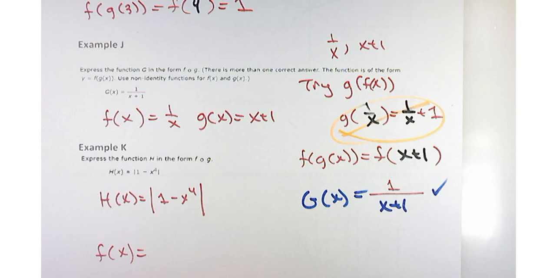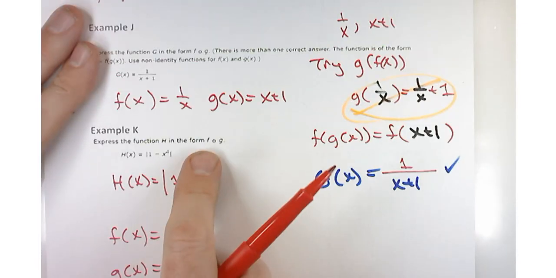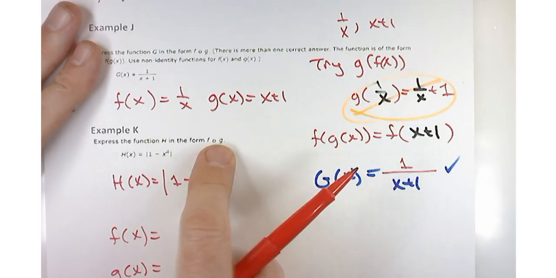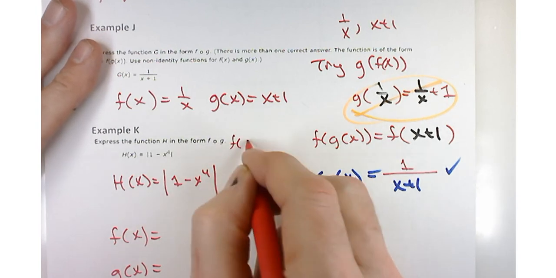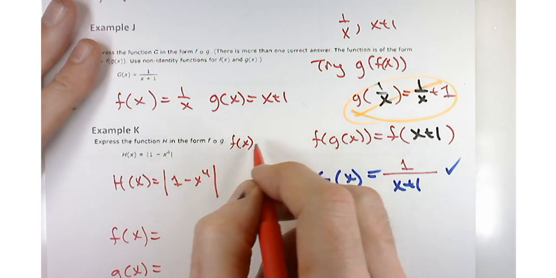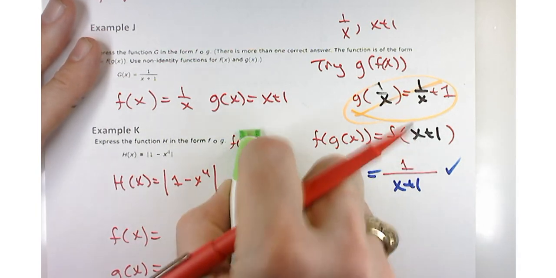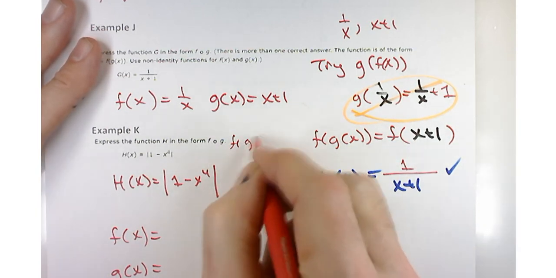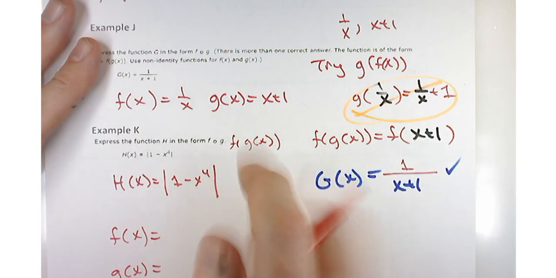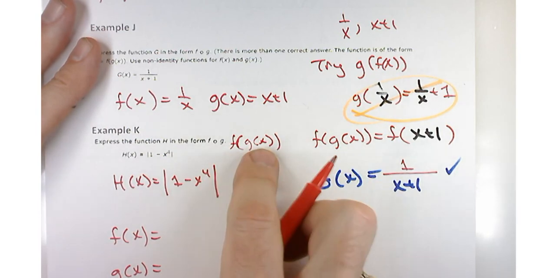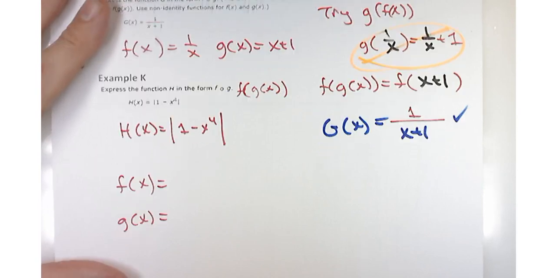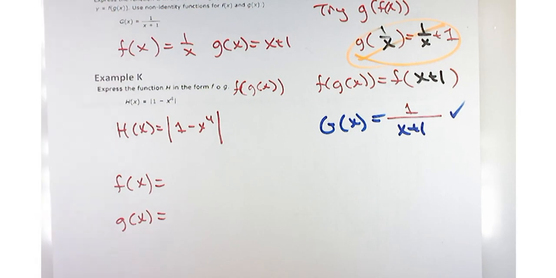So call whichever one you want that function, but I think they want things in the form of f composed with g. So let me write it like this, f of g of x. So g of x is going to be your inside function, f of x is going to be your outside function. So yeah, I guess they do want it in a specific order.